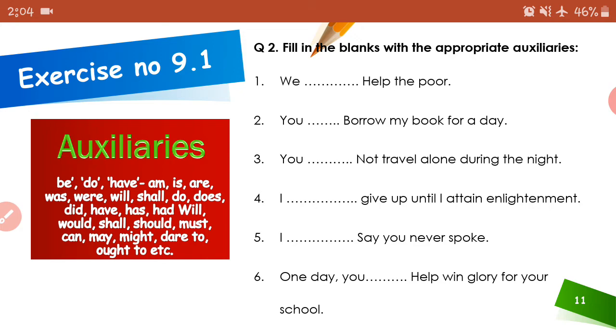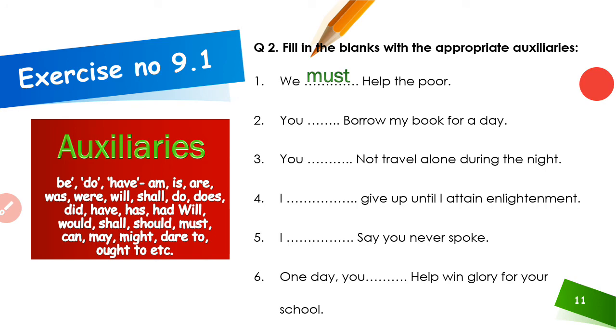We dash help the poor. So what type of auxiliary will come here? We will help the poor or we must help the poor? Yes, we must help the poor.